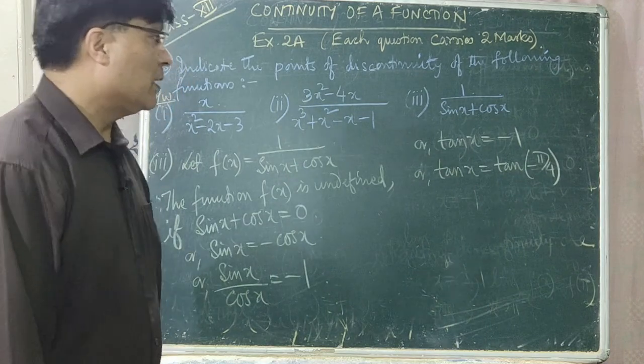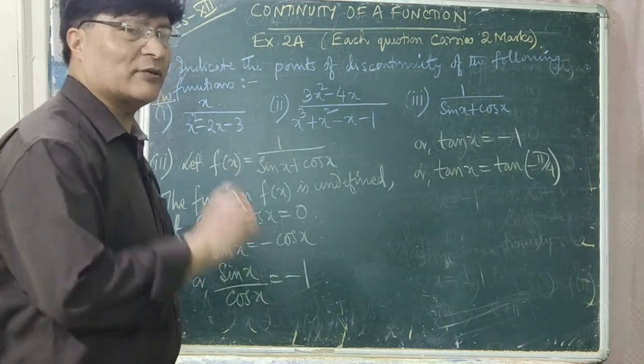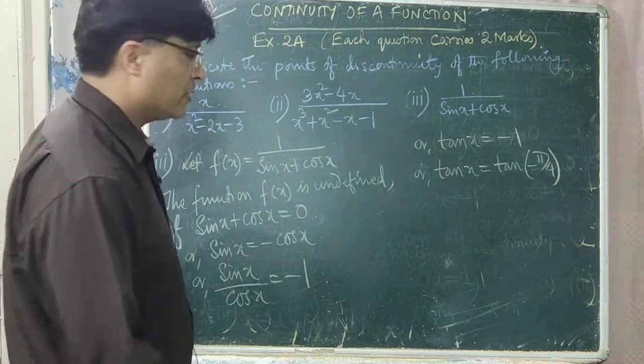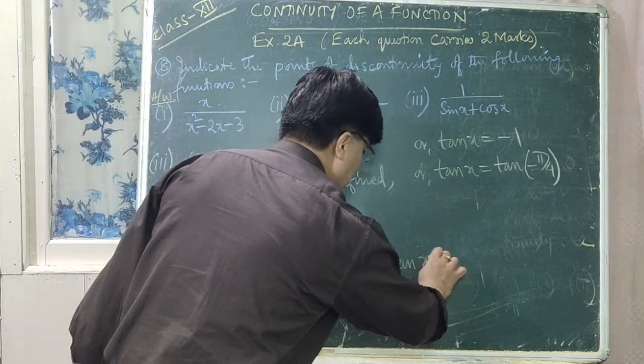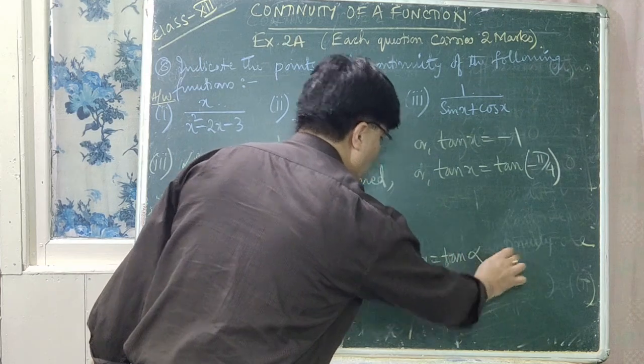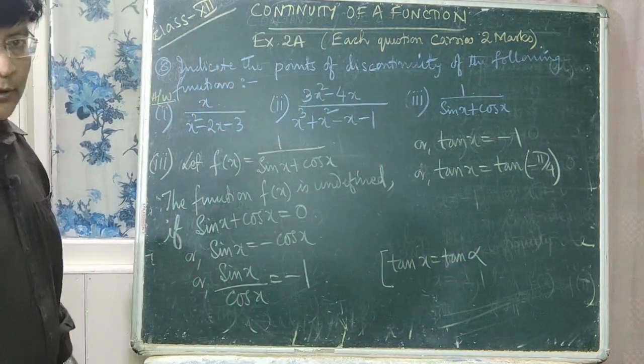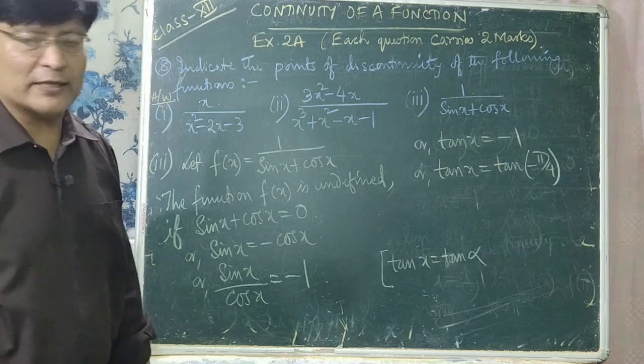Okay. So now in this case you should write down the general values of x. You know general values from trigonometry. If tan x is equal to tan alpha, where alpha is a constant quantity, and you want the general values of x, what is the formula?